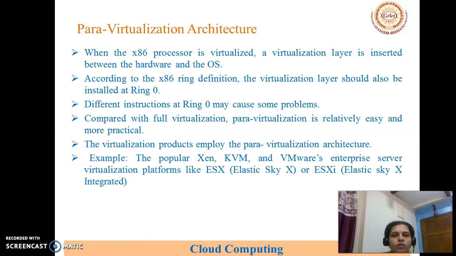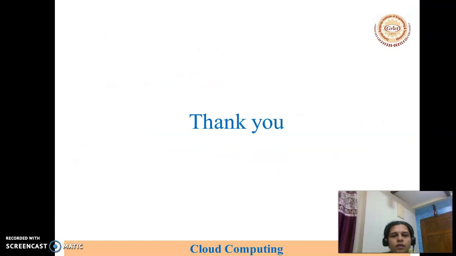Compared with full virtualization, para-virtualization is relatively easy and more practical. Many virtualization products employ the para-virtualization architecture. Examples are the popular Xen, KVM, and VMware's enterprise server virtualization platform ESX, which we call Elastic Sky X, or ESXi, Elastic Sky X Integrated.